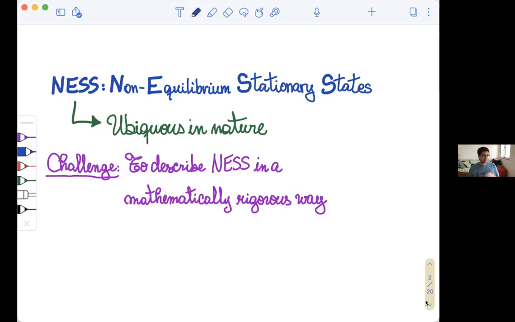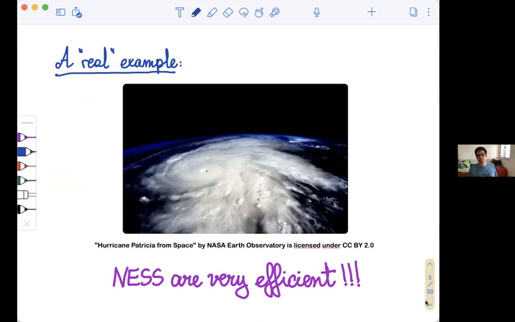Okay, so this is an example. Hurricanes, for example, are a non-equilibrium stationary state. So how does a hurricane more or less work?